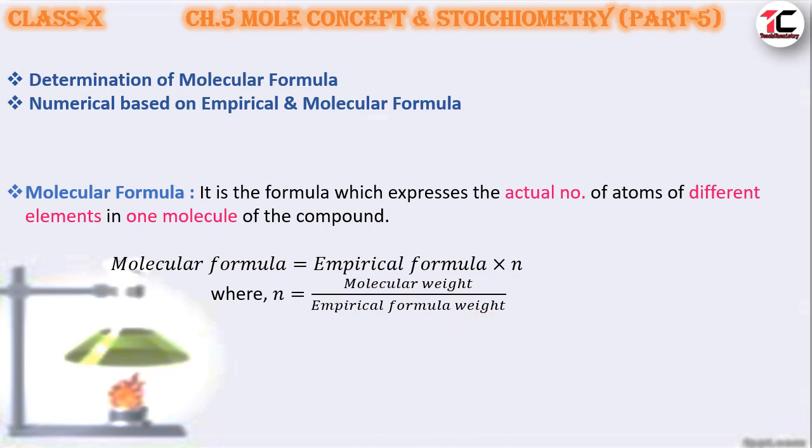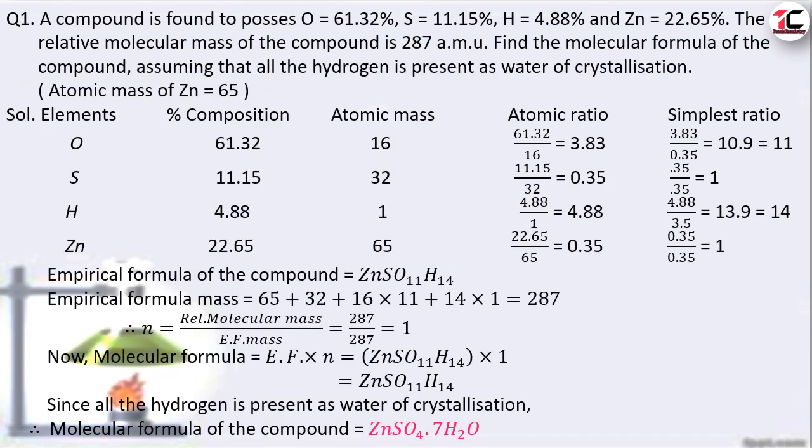Let us see with this question. A compound is found to possess oxygen 61.32%, sulfur 11.15%, hydrogen 4.88%, zinc 22.65%.